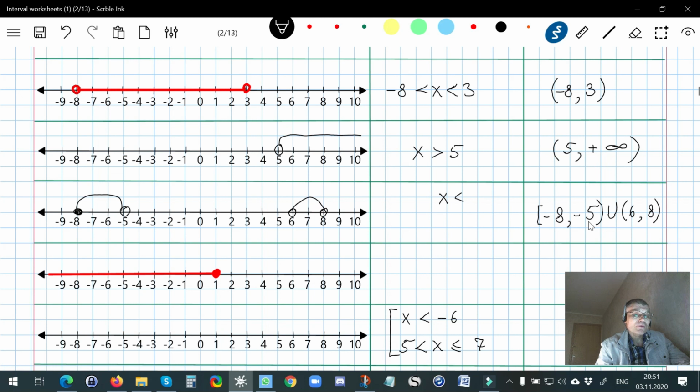X is less than -5, X is greater than or equal to -8, or X is less than +8 and greater than +6. That is it.